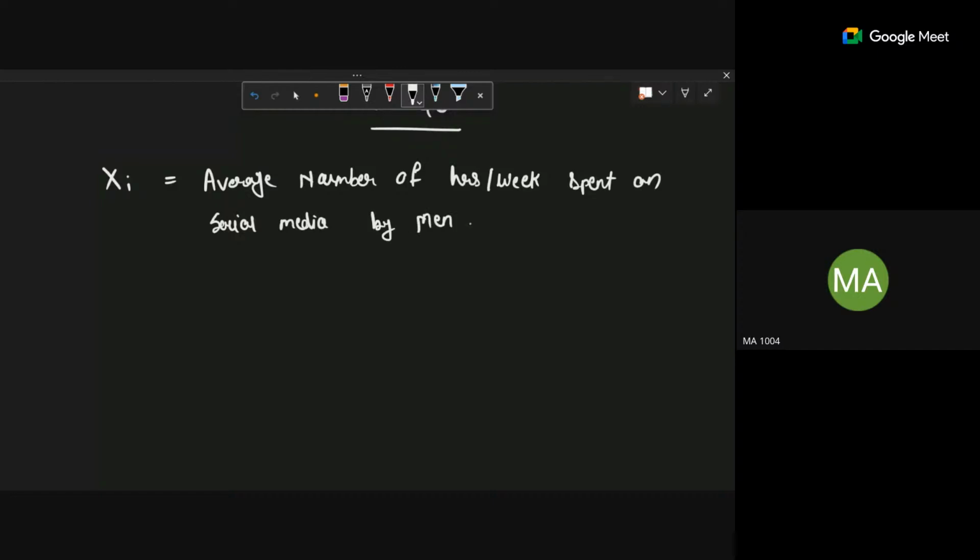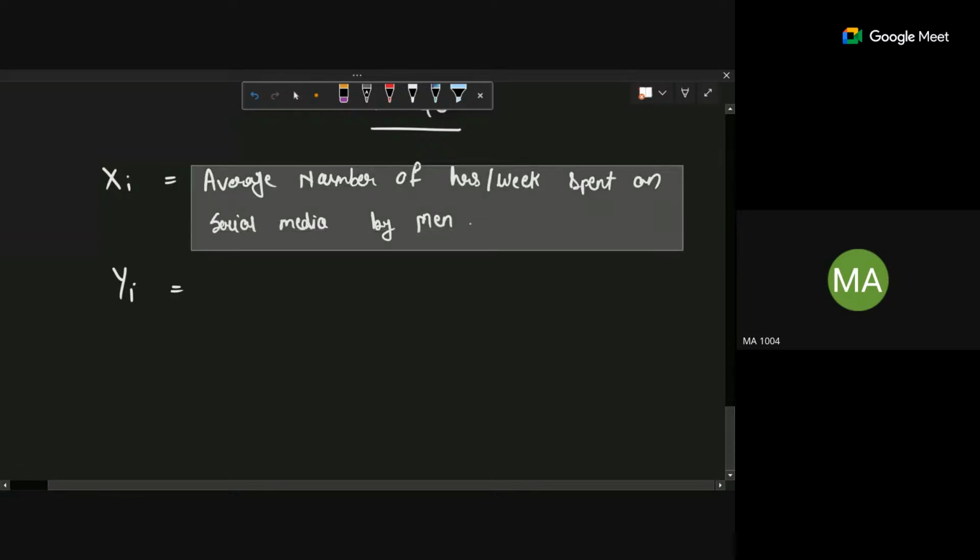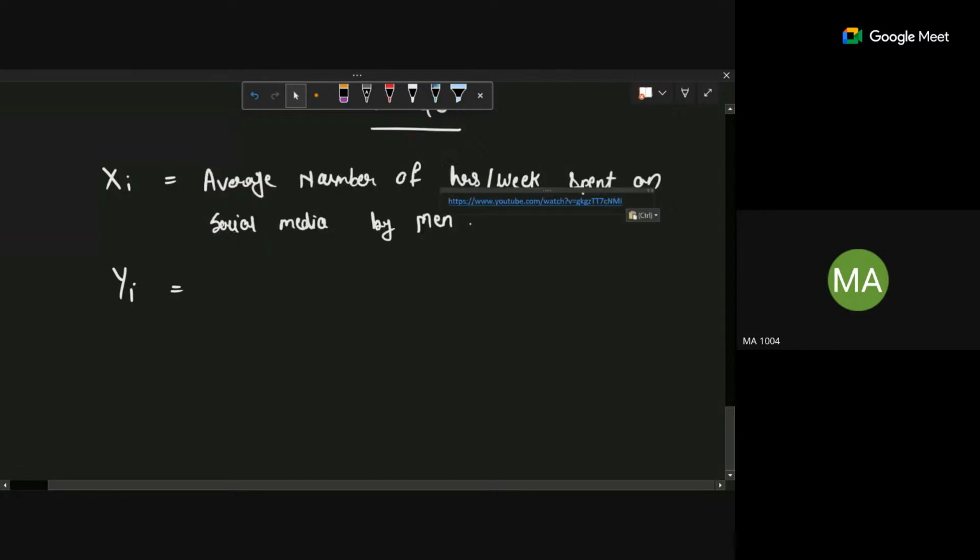And let's say yi's are also a random variable, the same thing, but by women. Okay. So rest of the part is same. Just this is the average number of hours per week spent by women on social media.